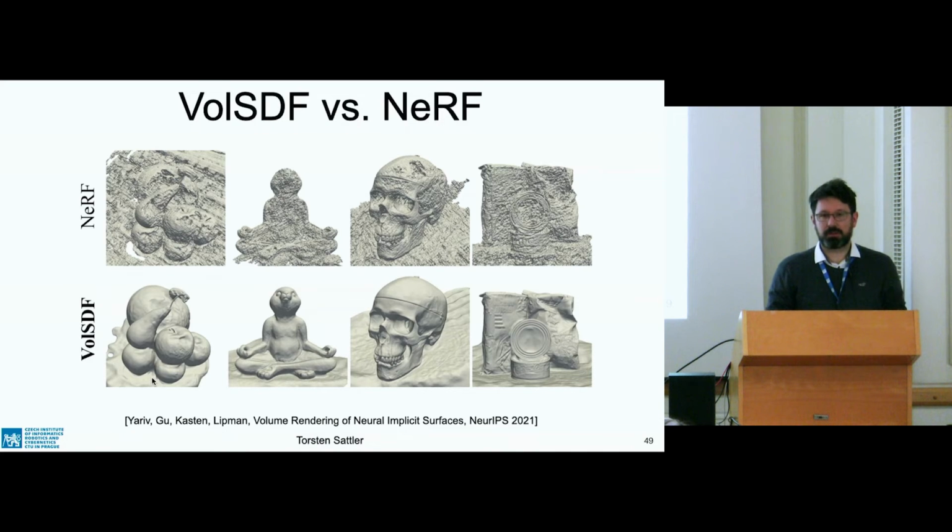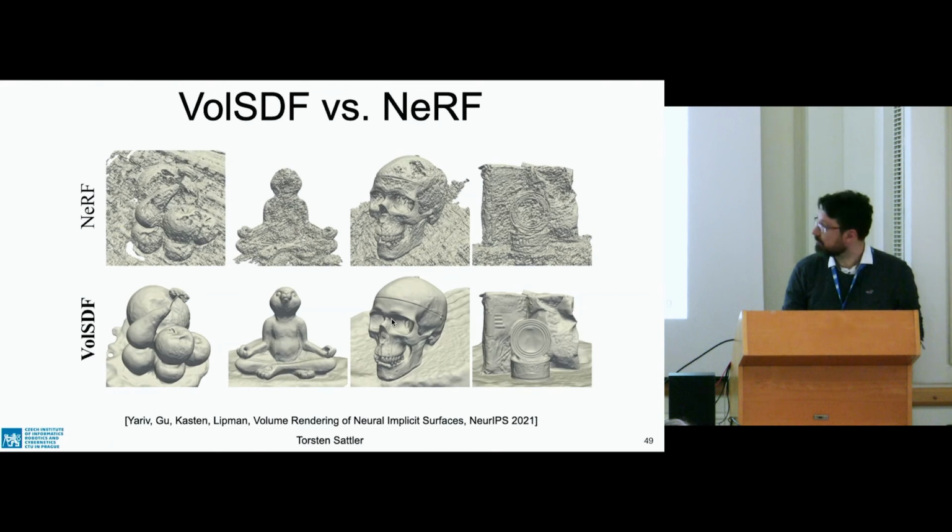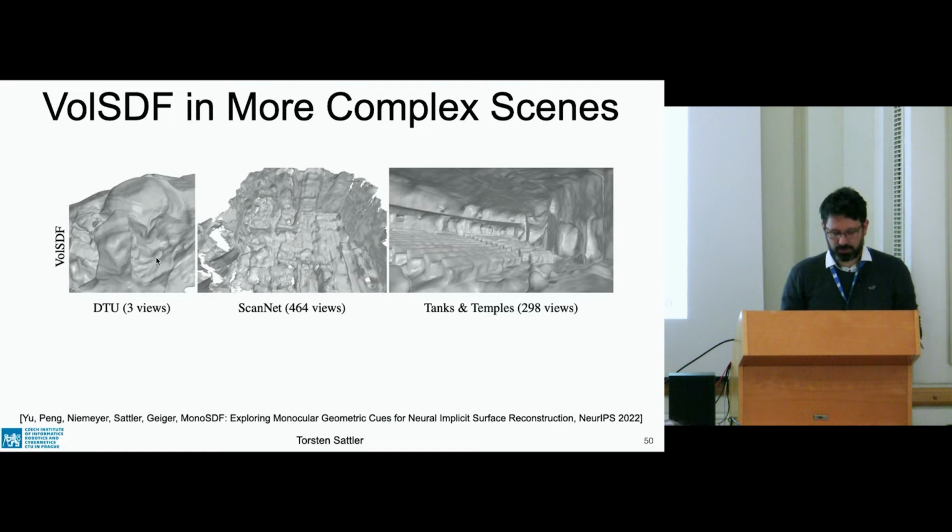This works quite well in small toy data sets where you have many views seeing the scene. It starts getting a bit murkier in more complex scenes, where more complex is defined as observing each part of the scene in only a few cameras. Here, this is the same skull as before, only we try to reconstruct it from 3 views rather than 64.